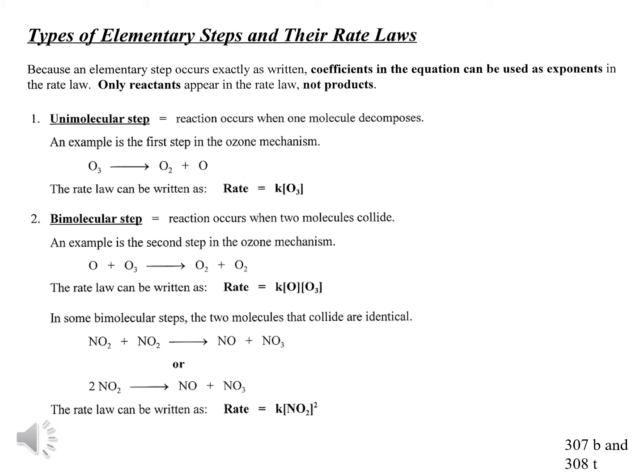I would ask you to notice that reaction mechanism steps only have the reactants in them, not the products, because it's the reactants that are colliding, and so they're the ones that actually control the rate.